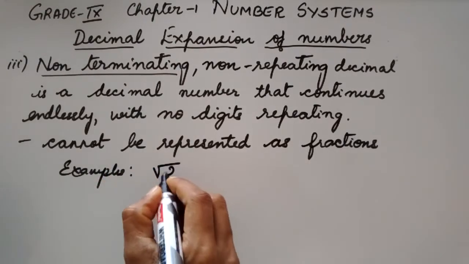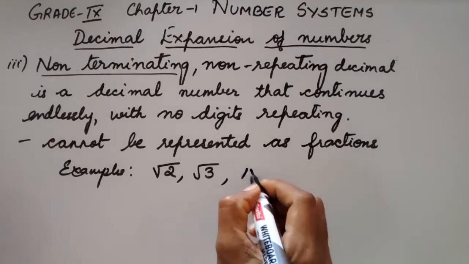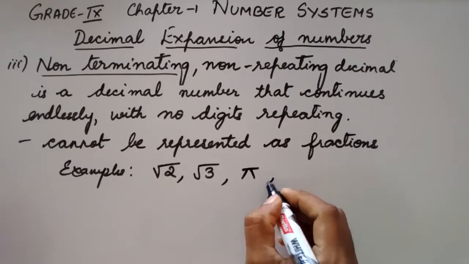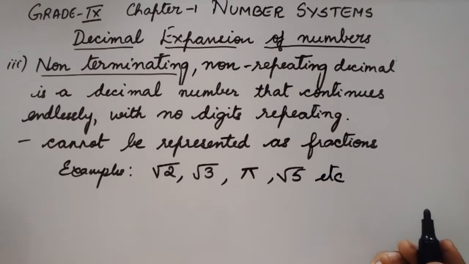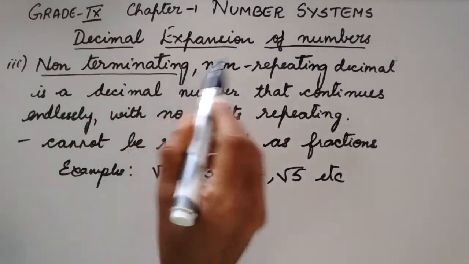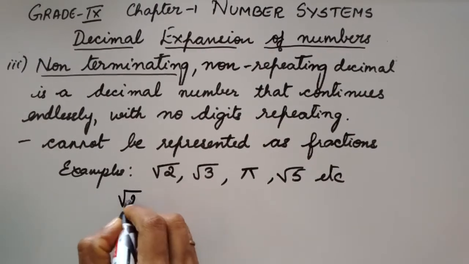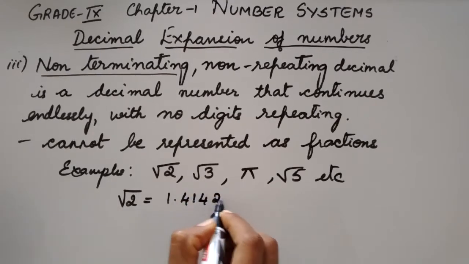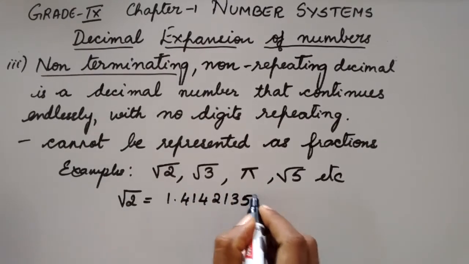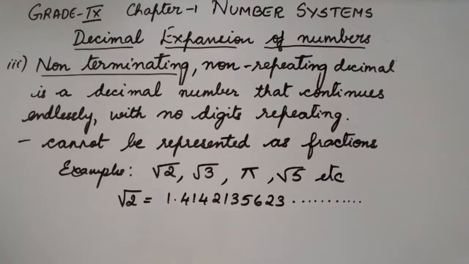Examples are root 2, root 3, pi, then root 5, etc. All these are examples of non-terminating, non-repeating decimals. Now let us see the values. Root 2 is 1.4142135623, and it is non-terminating and non-repeating.